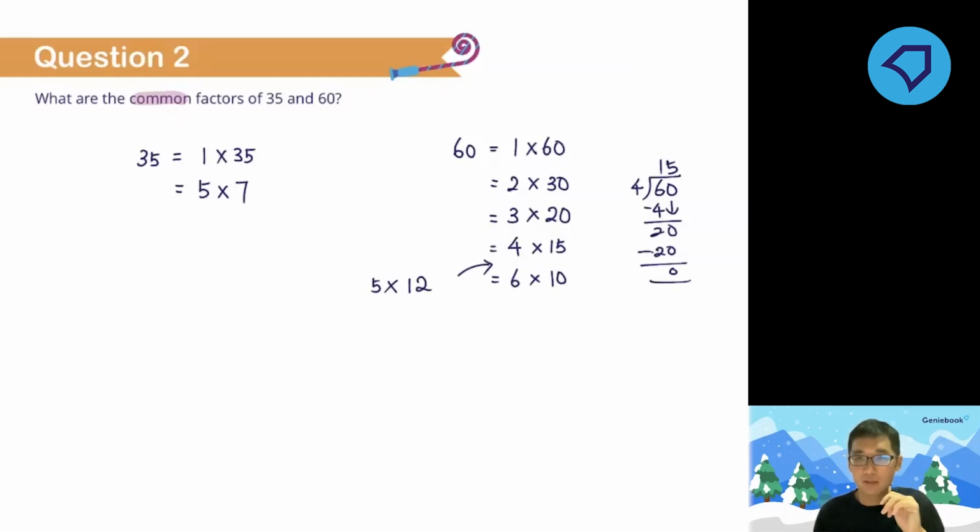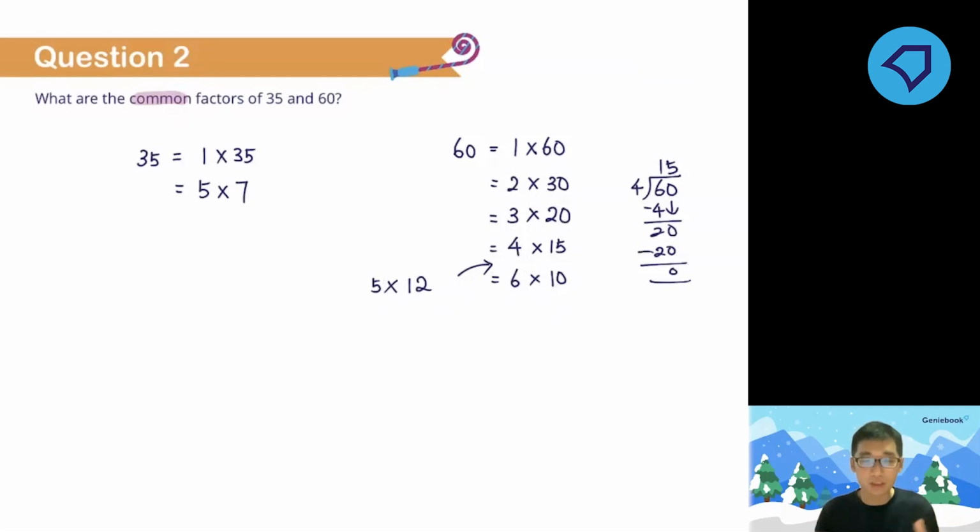Okay, so next one will be 10. But 10 is already repeated over here, so I do not need to write down 10 anymore. I can stop my listing. So the factors of 60 would be 1, 2, 3, 4, 5, 6, 10, 12, 15, 20, 30, and 60.